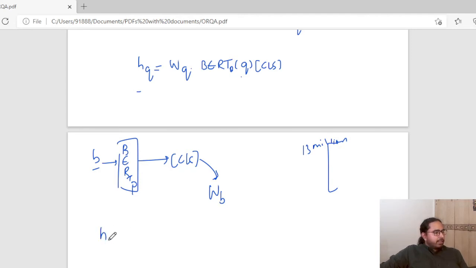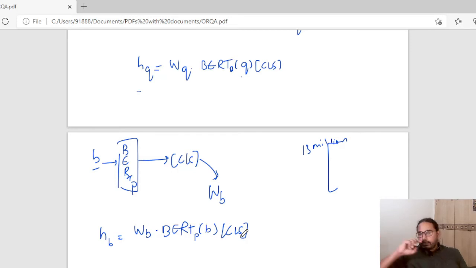Written in equation form, HB is equal to WB times the representation of the CLS token when we pass the block to the BERT model.